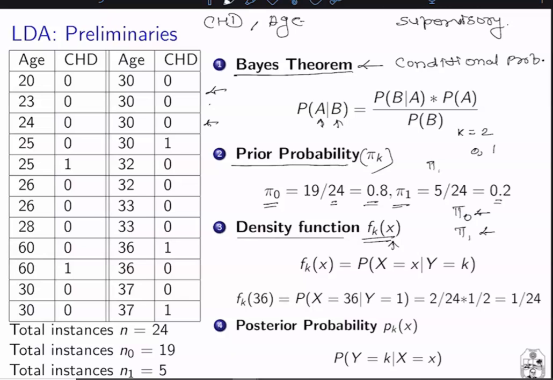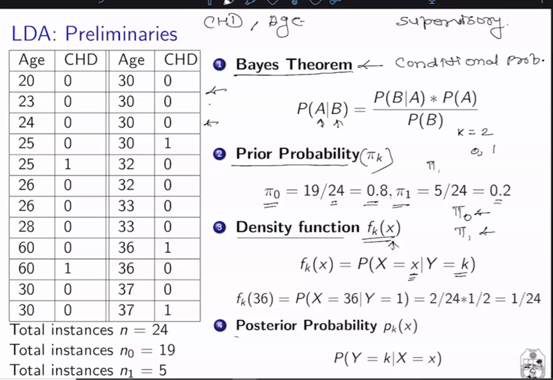It calculates the conditional probability of a randomly selected observation has value equal to x, a particular value, provided that it belongs to the class k, which may take in the binary case 0 and 1 value. So that is the meaning of the density function.